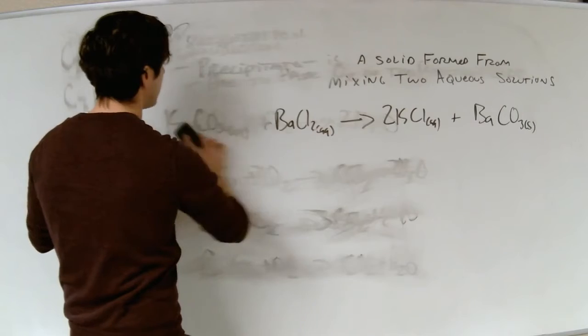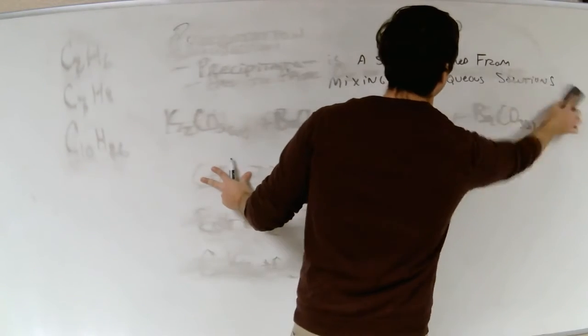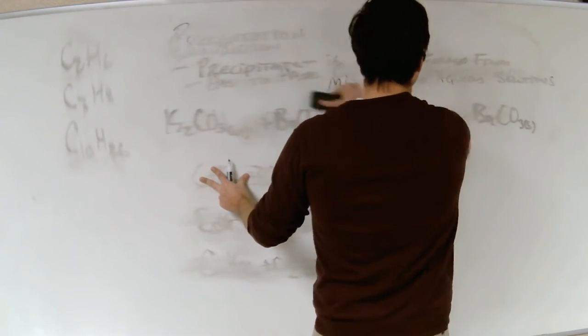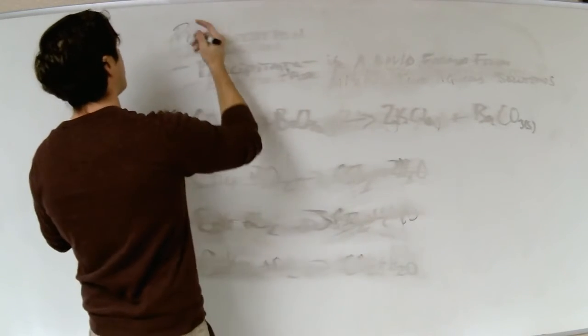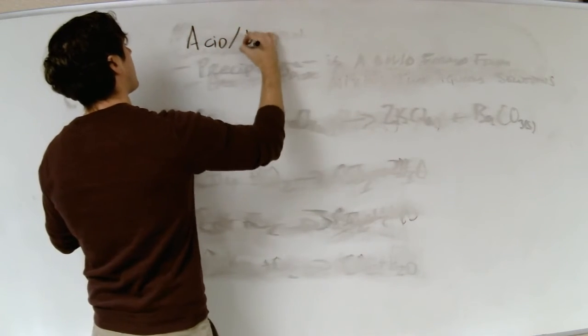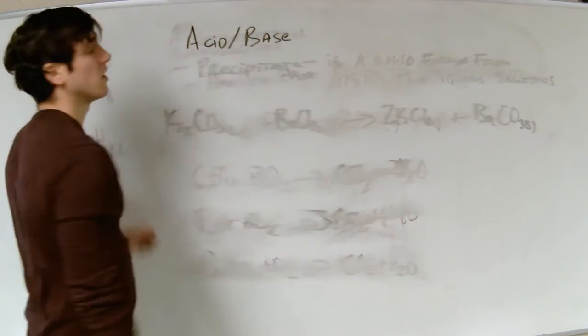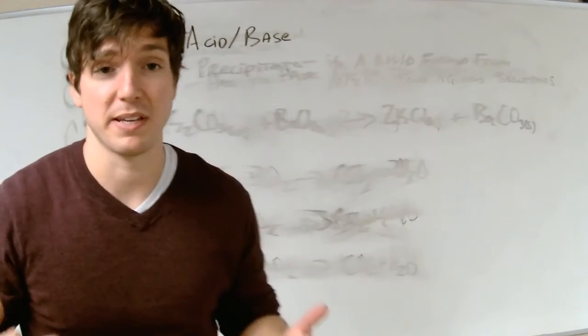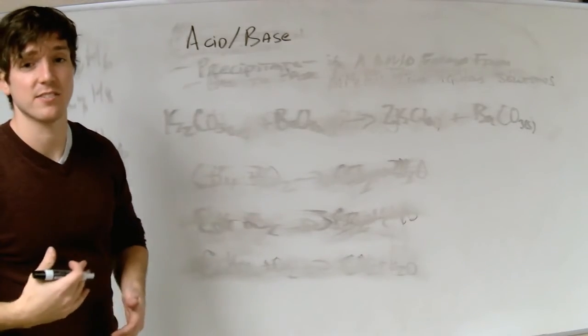And last but not least, before I have to clean this board again, our last one is acid-base. First, we gotta know what an acid and what a base is. We can identify an acid pretty easily.